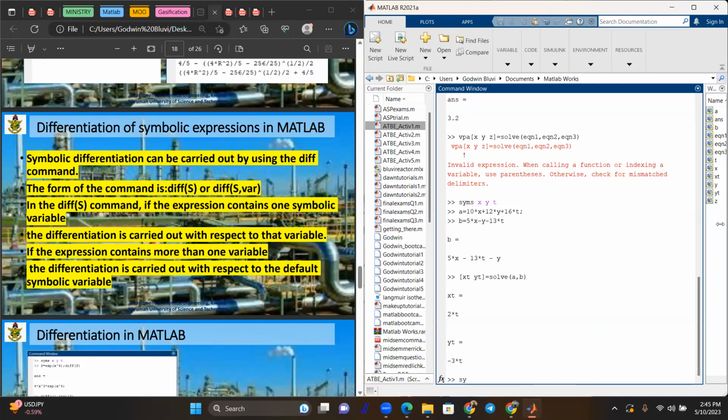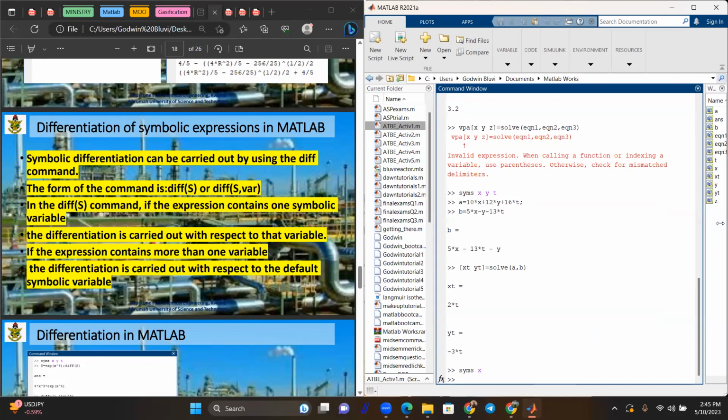It works the same way, but this time you have the chance to specify the variable. That's if you have, let's say, two or more variables to differentiate. So let's say differentiate this with respect to y for me. Let's go with one variable. Syms x. So y is equal to, somebody should give me something.